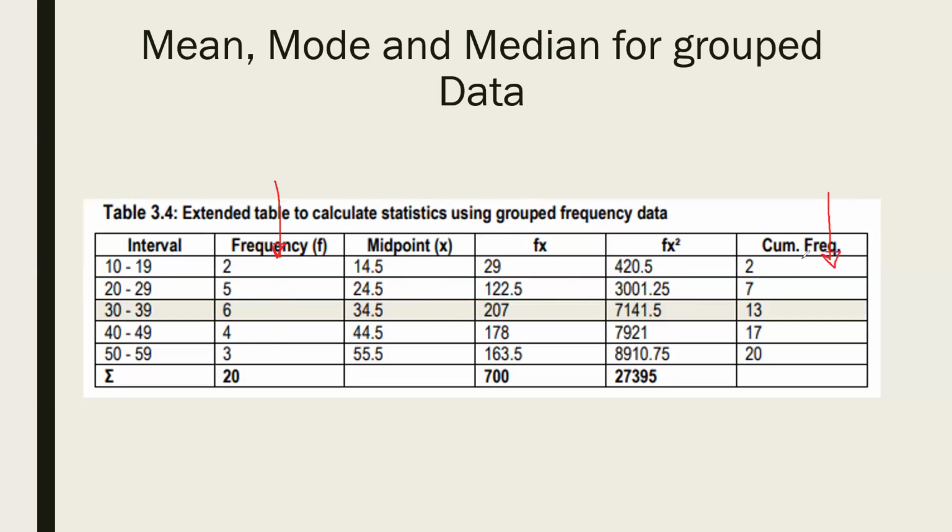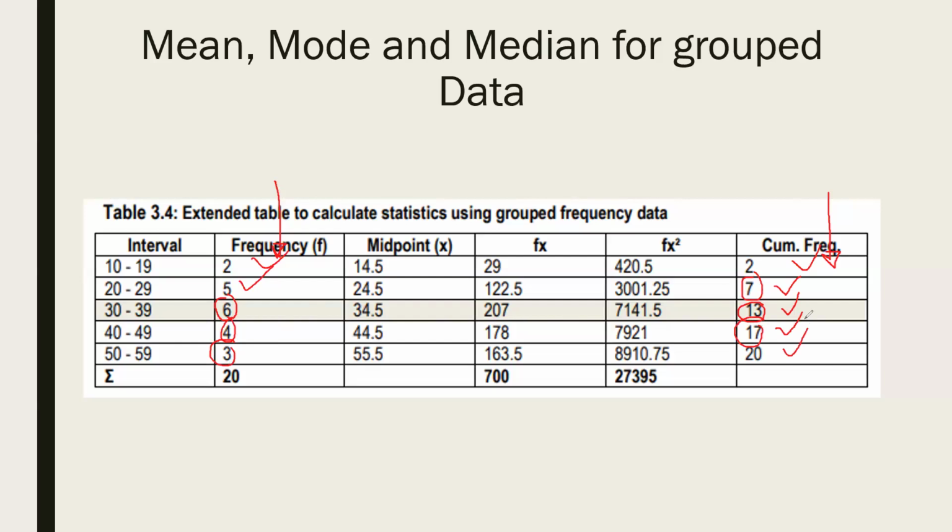The first one will remain 2. Then 2 plus 5, you get 7. Then 7 plus 6, you get 13. 13 plus 4, you get 17. Then 17 plus 3, you get 20.